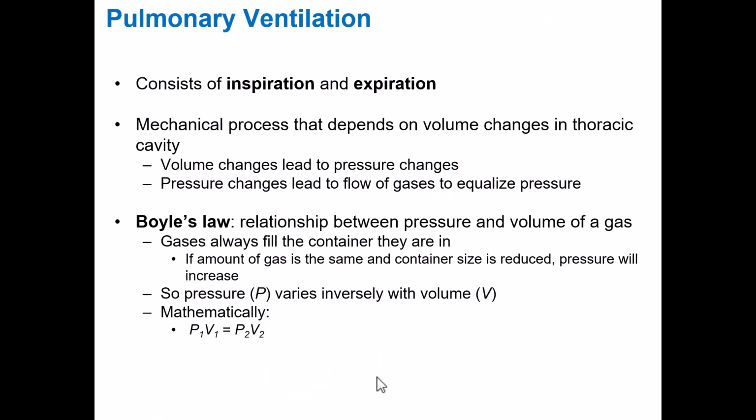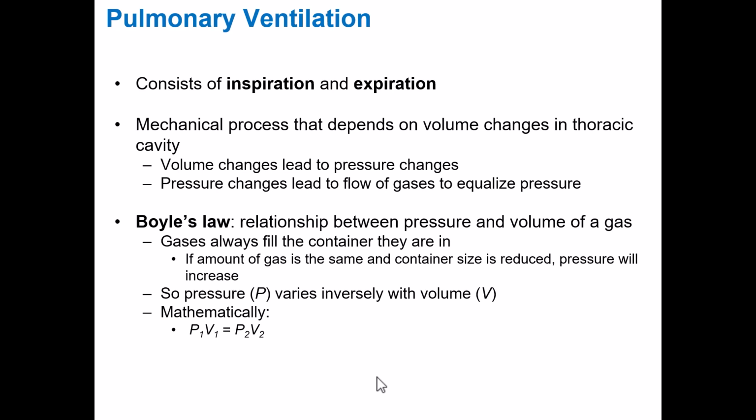All right, so in general, when we are breathing in and out, the things we need to consider are the pressure of the atmosphere compared to the pressure of the lungs, the intrapulmonary pressure. And then we also need to consider the volume of the lungs, because movement of air in and out of our lungs has to do with the volume of your lungs and what it does to the pressure of the air in your lungs.